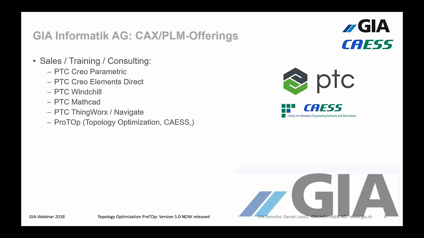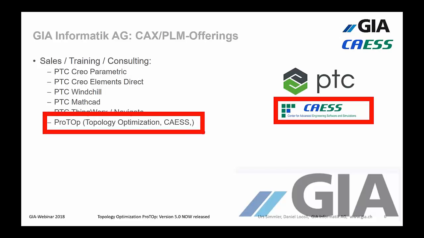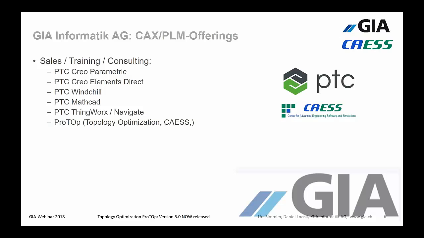And beside that, one of our main partners is CAESS, and they have a very nice topology optimization software which connects with all the CAD systems like Creo Parametric, Creo Elements Direct, SolidWorks, Siemens NX, CATIA, and so on.